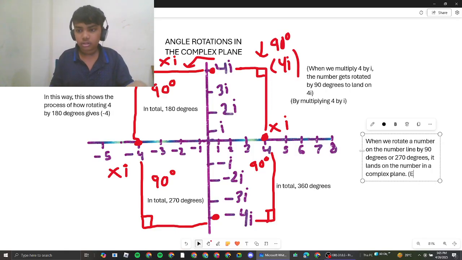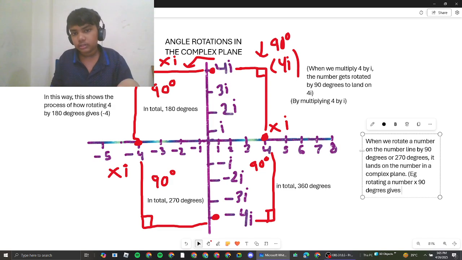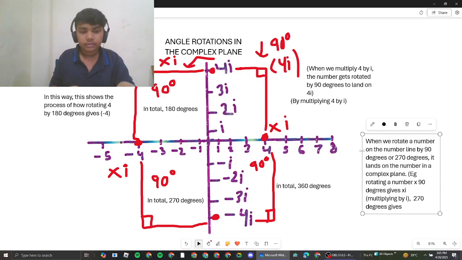For example, rotating a number x by 90 degrees gives xi, multiplying by i, and 270 degrees would give minus xi, multiplying by i again.